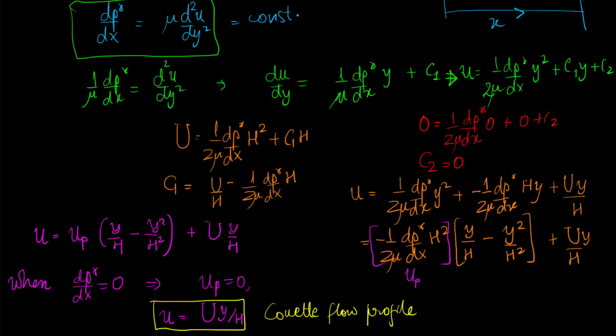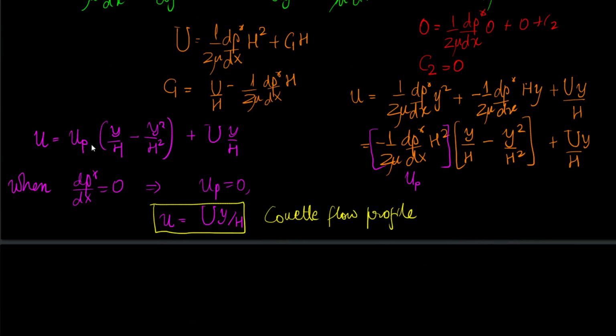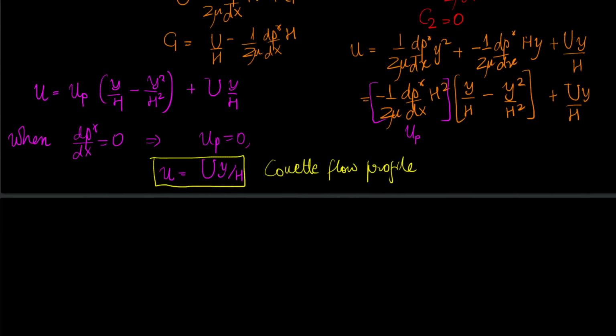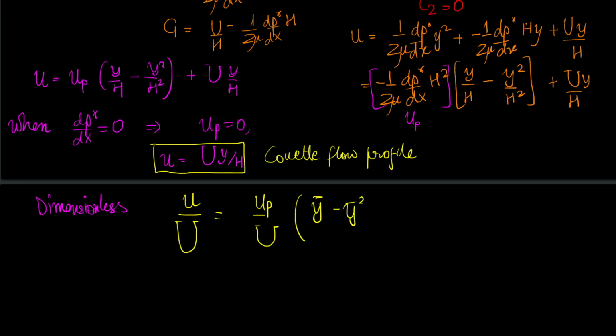Now you can go to MATLAB or whatever software you like, and you can plot this for different values of UP. In fact, we can make everything dimensionless by dividing everything by capital U. So u by capital U will be UP upon capital U times (y bar minus y bar squared) plus y bar, where y bar is equal to y upon h, the dimensionless y coordinate.